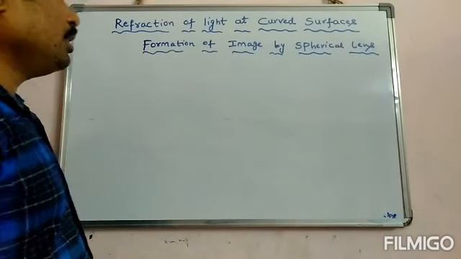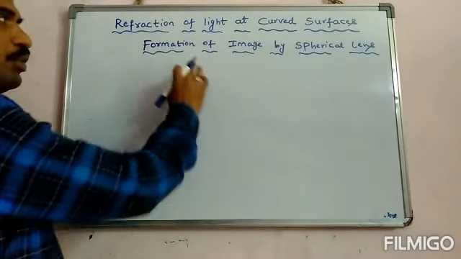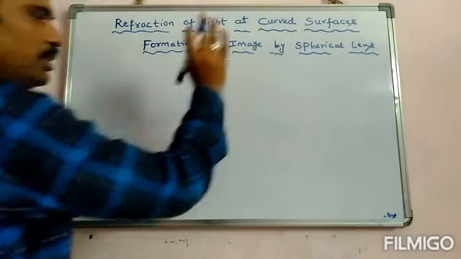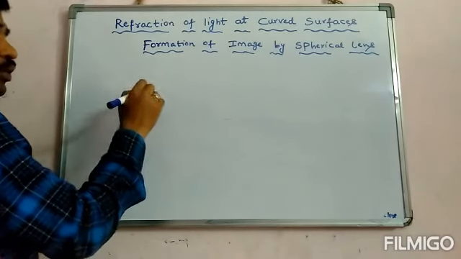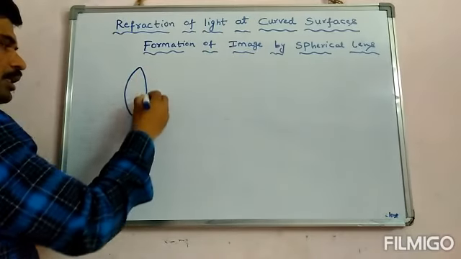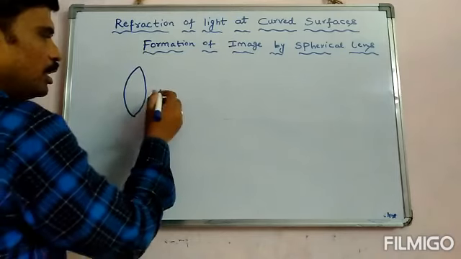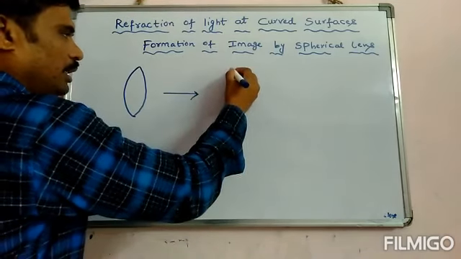Now let us learn about the formation of image by spherical lenses. Before learning about the formation of image by spherical lenses, first let us learn the rules. What are the rules? Before learning the rules, first I must tell you one thing. What is this lens? This lens is called convex lens. Now onwards, convex lens is denoted in this manner.